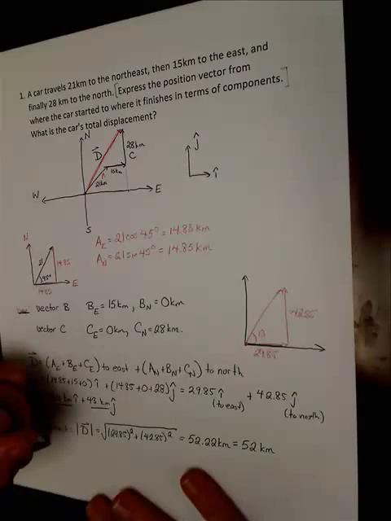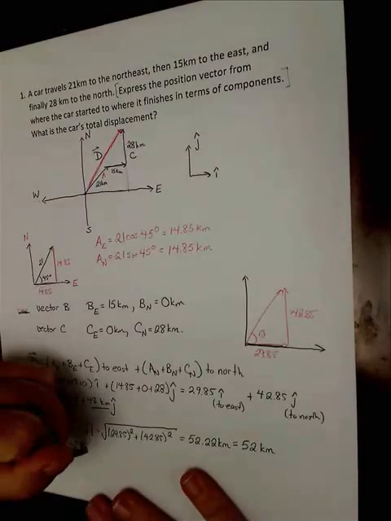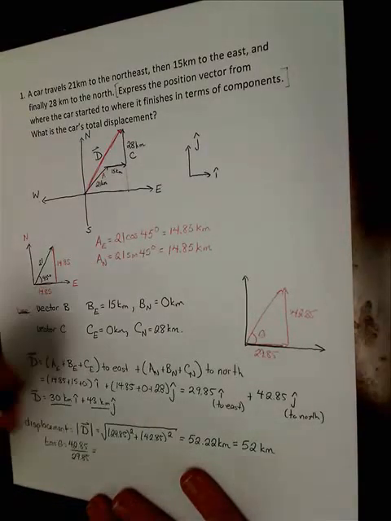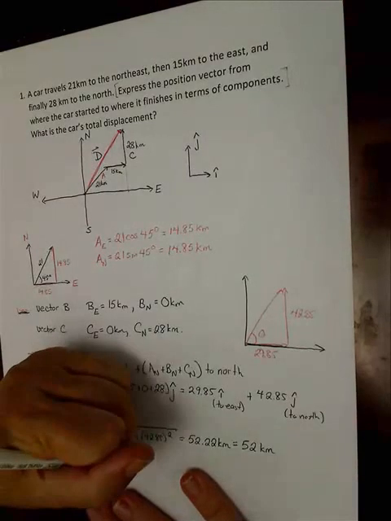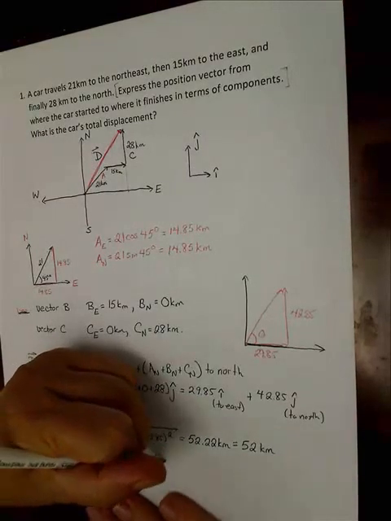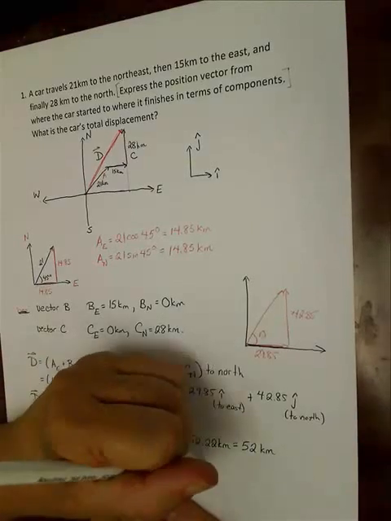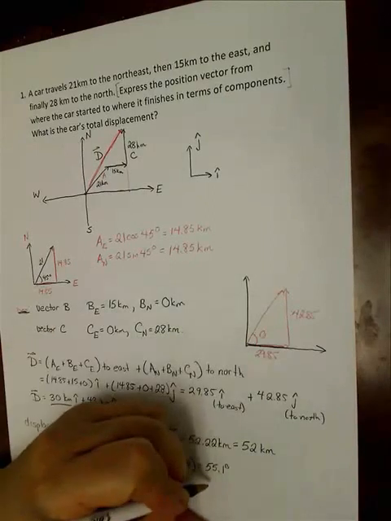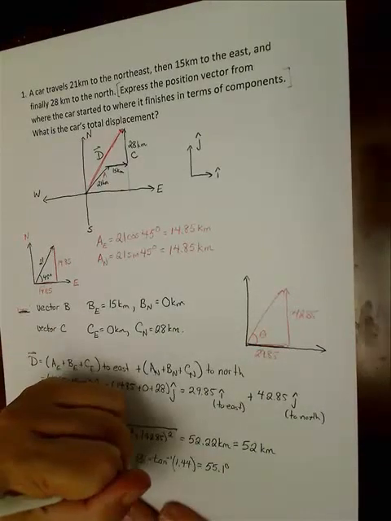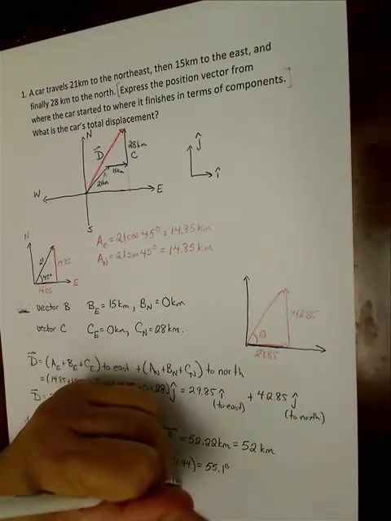So tan theta is 42.85 over 29.85, which is about 1.44. And so my angle is going to be the inverse tan of that, and I get 55.1 degrees. And you would probably express that as 55 degrees north of east.